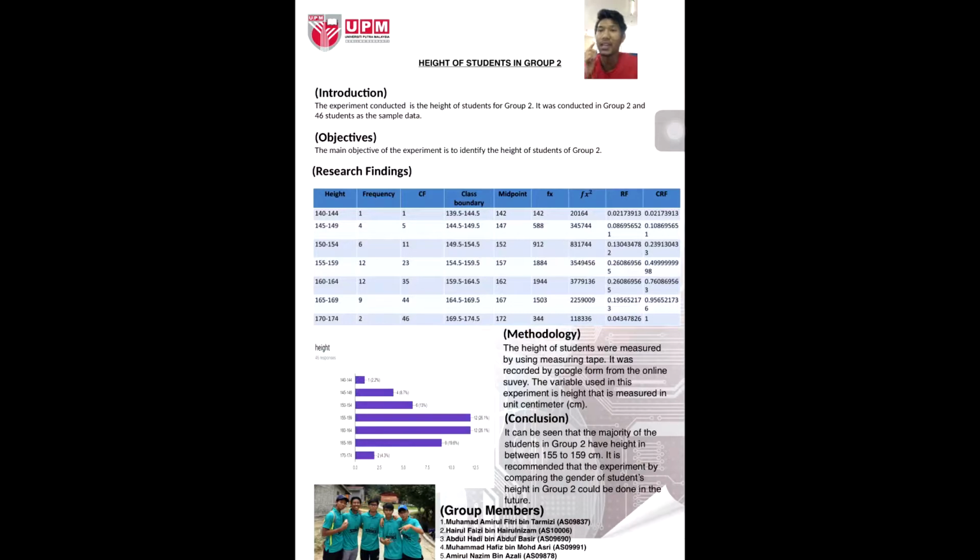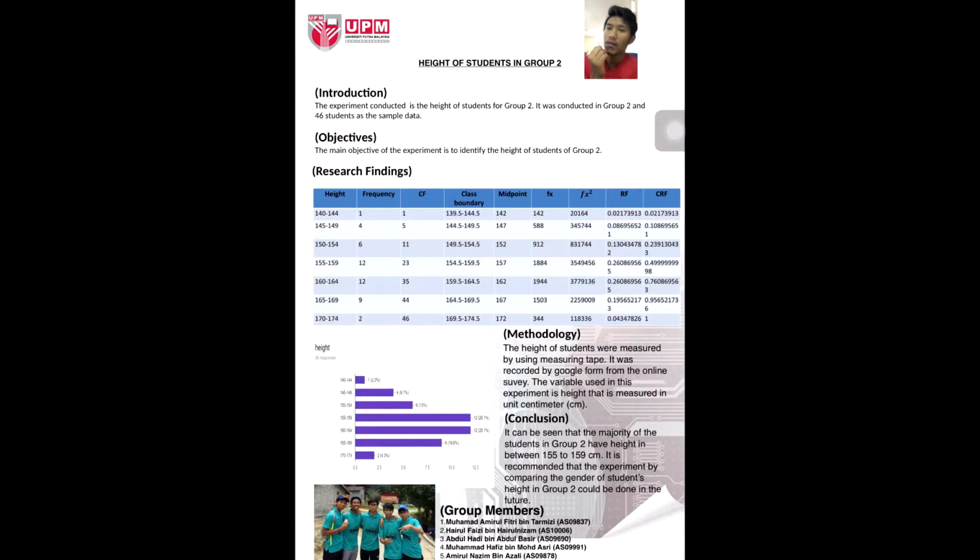The height of 145 to 149, the frequency is 4 and the CF is 5. 150 to 154, the frequency is 6 and the CF is 11. 155 to 159, the frequency is 12 and the CF is 23.